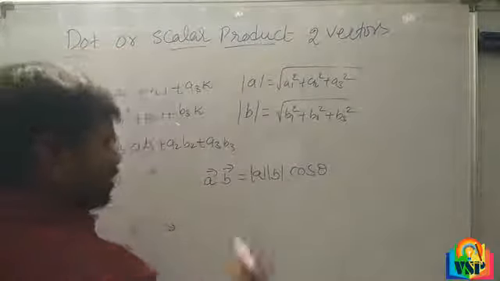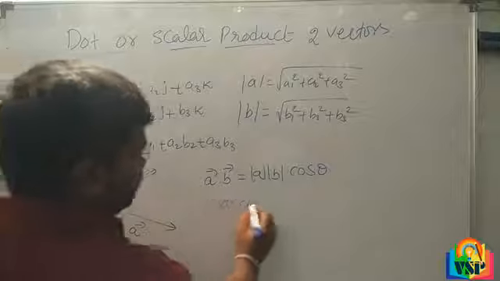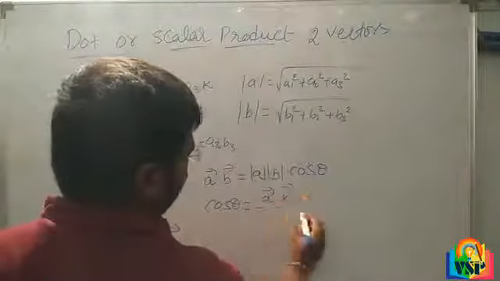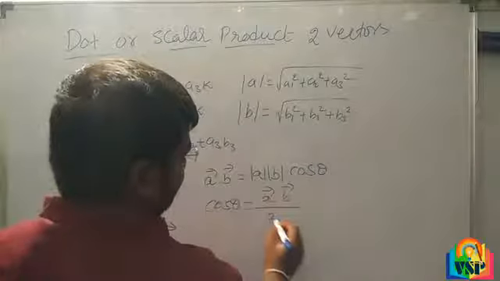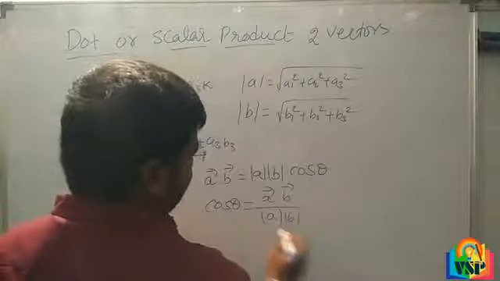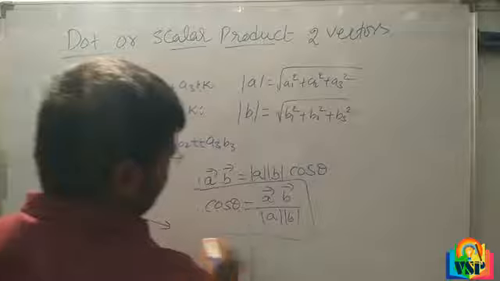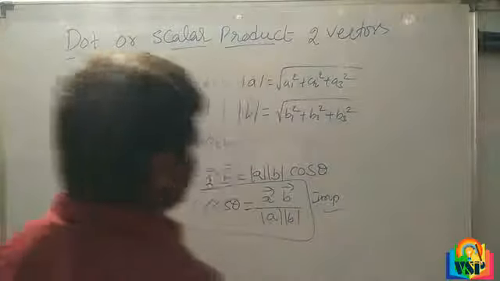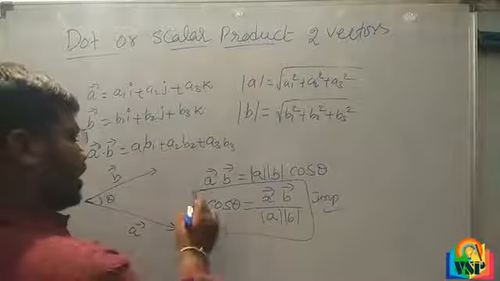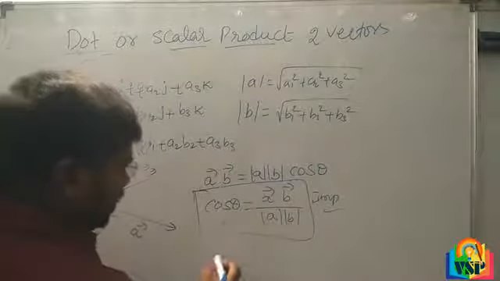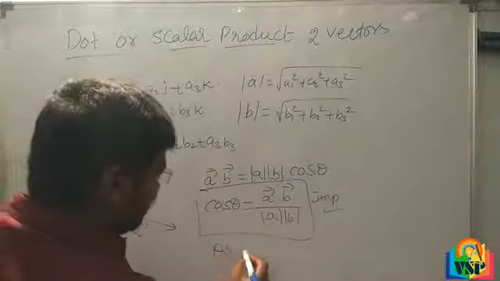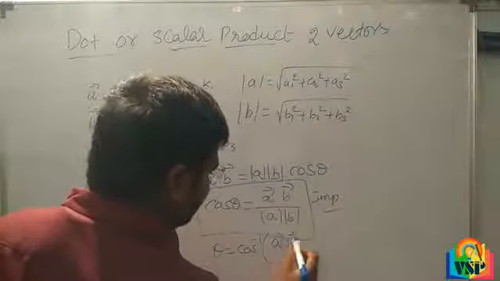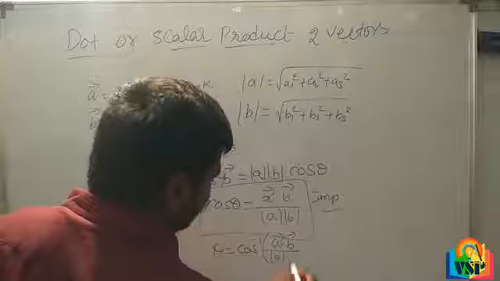Then cos theta is equal to A bar dot B bar by modulus of A modulus of B. Very important one. This is the main application. Then theta is equal to cos inverse of A bar dot B bar divided by modulus of A modulus of B.